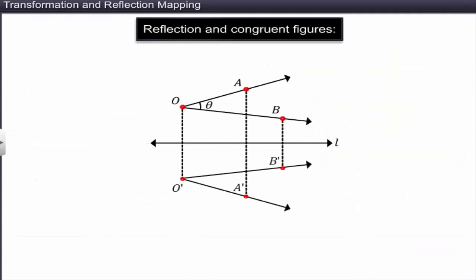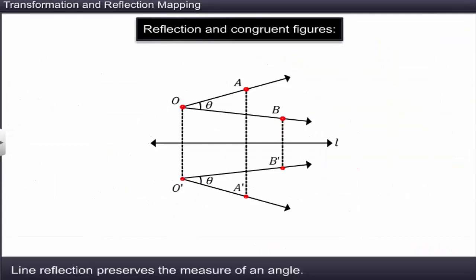On joining points O', A' and O', B' with rays, we get the reflection image A'O'B' of angle AOB. On measuring angle A'O'B', we get theta, which is equal to the measure of angle AOB. However, the orientation of the angle has reversed, as you can observe from the figure. Thus we conclude that line reflection preserves the measure of an angle.